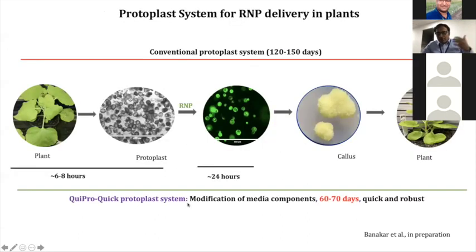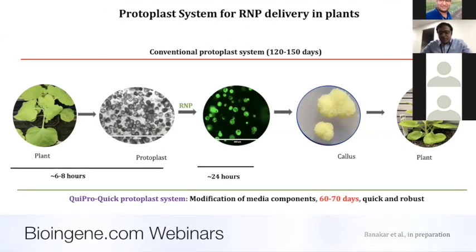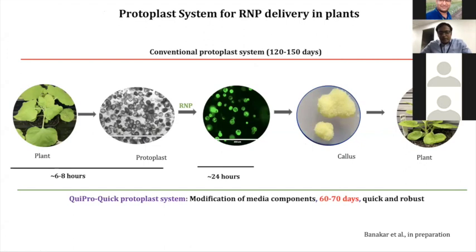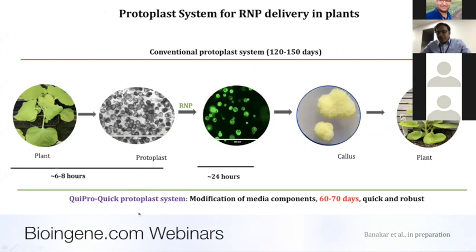But in order to perform HDR based research, or to build technologies for HDR, I think the most important thing to have is a powerful screening system and a high throughput reagent evaluation system.